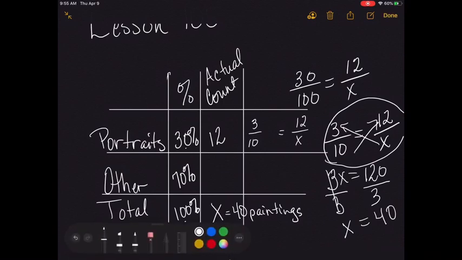So the other way we could have solved it is to think, well, what times 3 equals 12? Well, 4. And we have to do the same to the top as we do the bottom. And so we would find that when you multiply 10 by 4, you get 40. So that is a different way that we could have solved it.